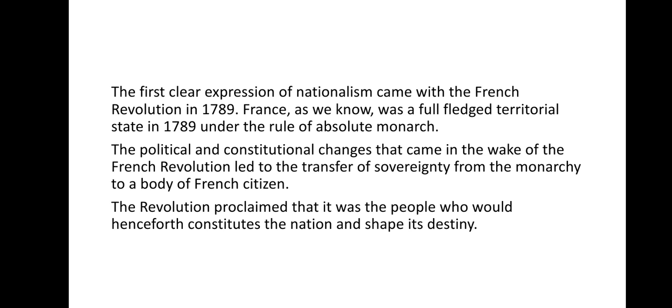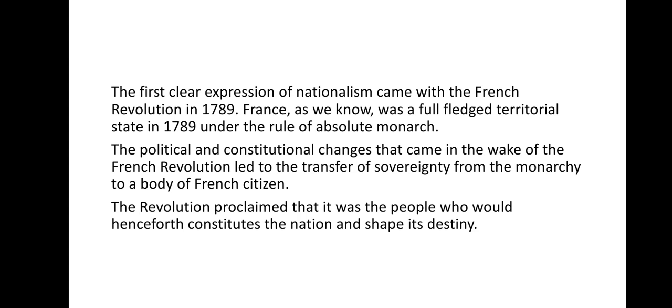My dear students, the political and constitutional changes that came in the wake of the French Revolution led to the transfer of sovereignty from monarchy to a body of French citizens. Now can you imagine, suppose we are under the rule of kings and queens. It's very complicated, very difficult. Why?